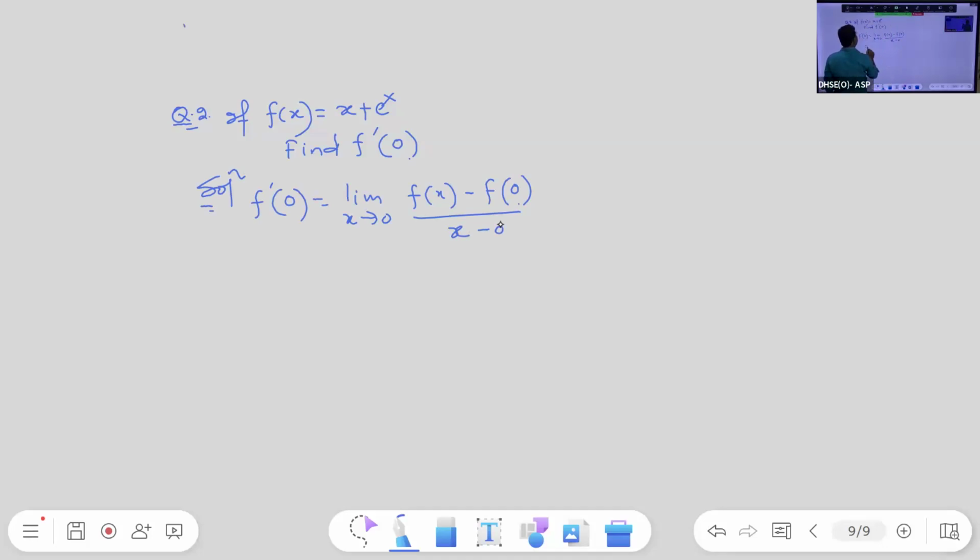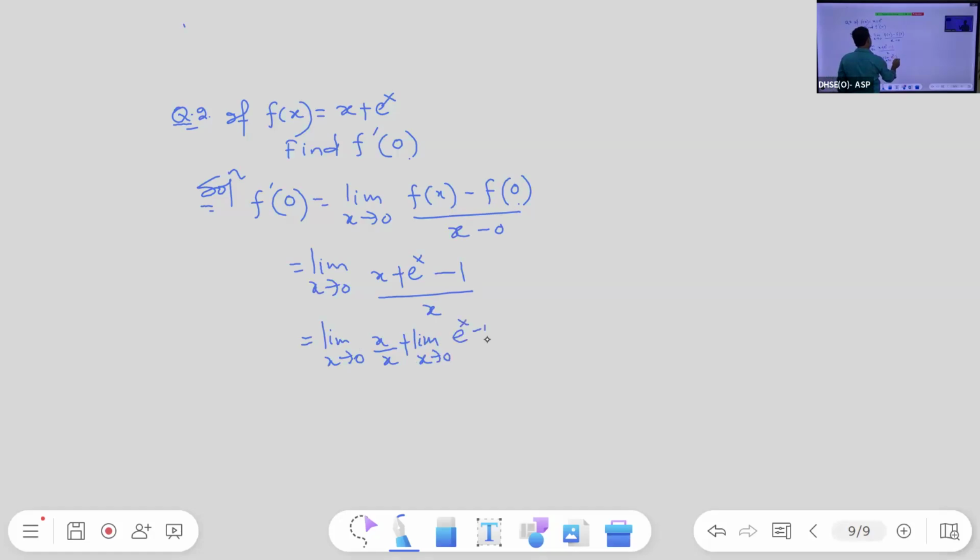This is equal to the limit as x approaches 0 of x plus e raised to the power x minus f of 0, which is 1, upon x. This is equal to the limit of x upon x plus the limit of e raised to the power x minus 1 upon x.